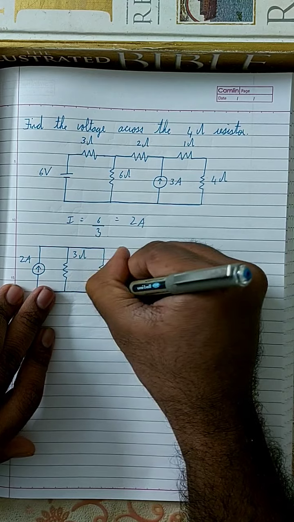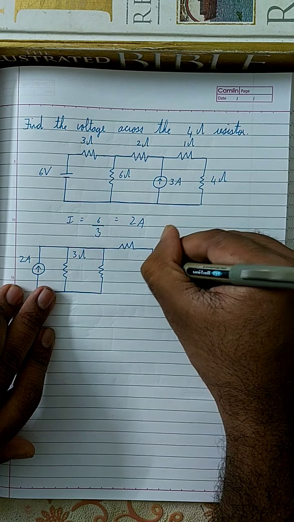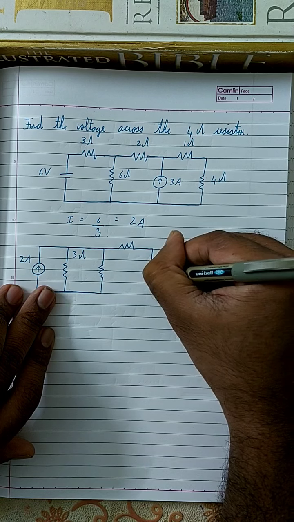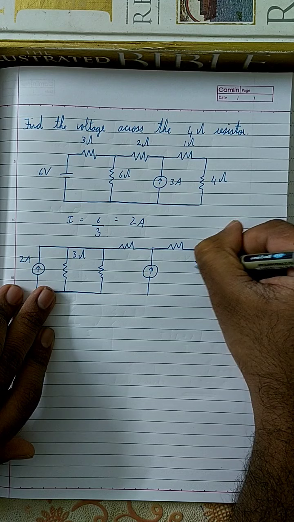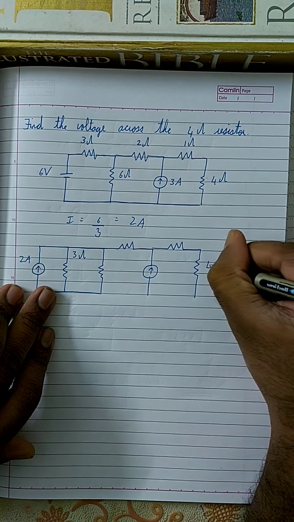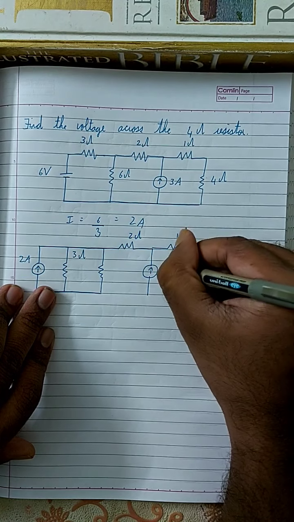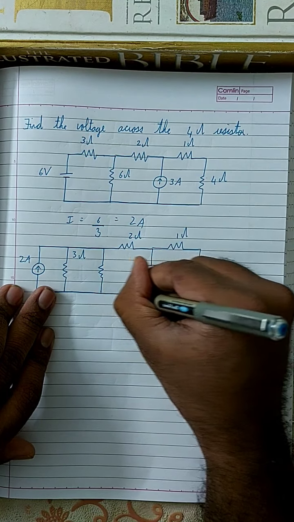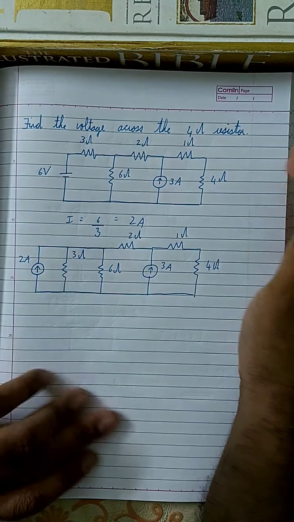There you have a resistor, here you have another resistor, here you have a current source, and here you have another resistor, and you have another resistor over here. This is 4 ohm, this is 1 ohm, this is 2 ohm, this is 3 amperes. Okay, and this is 6 ohm, right?